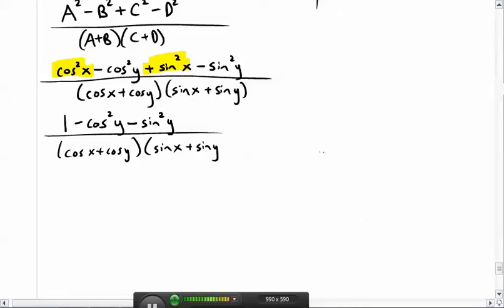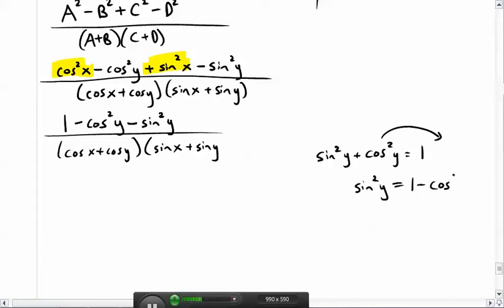Now because sine squared y plus cosine squared y equals 1, if I move the cosine squared to the other side, 1 minus cosine squared is the same as sine squared. So I'm going to take that 1 minus cosine squared here, and I'll replace it with sine squared.